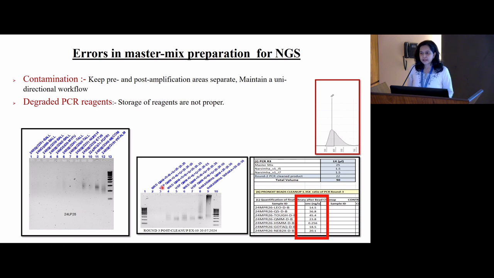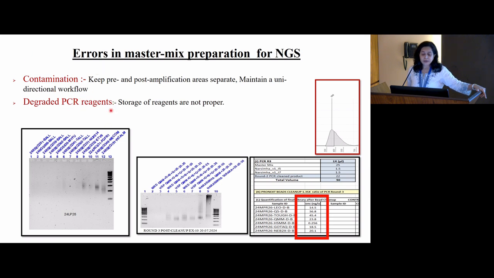Once we started our laboratory, we did the standardization protocols, then validated them and put them into service. Service is going on, but suddenly after some time you get some problems during processing. So you have to keep in mind what kinds of errors can occur. In master mixes, the main problem is contamination.